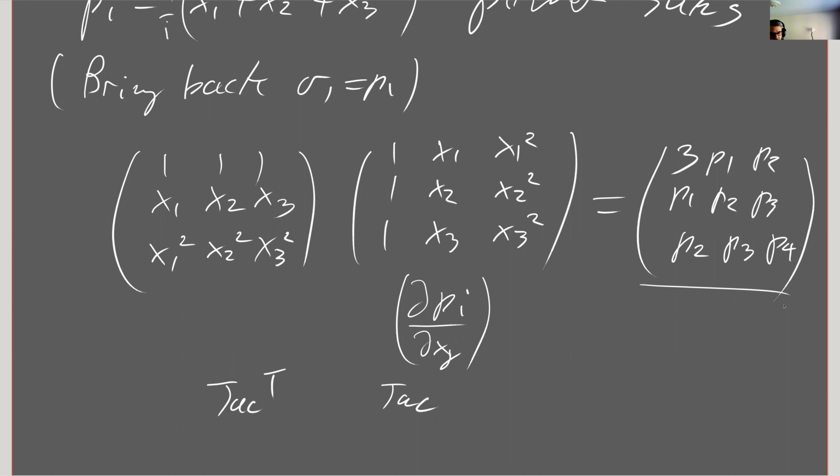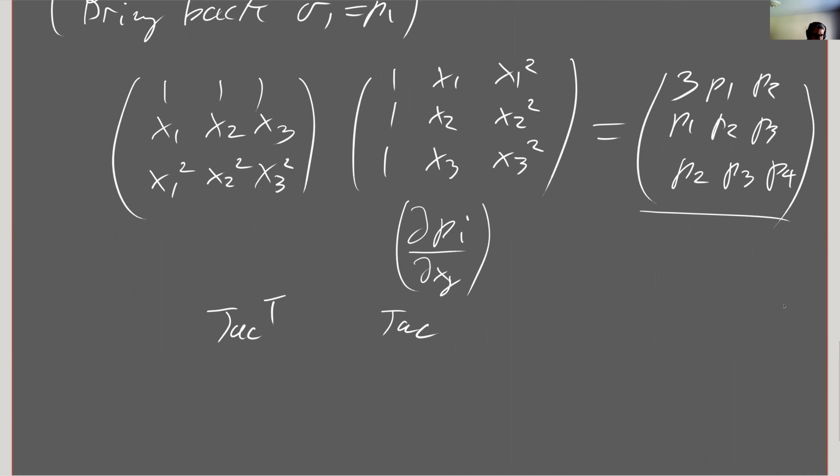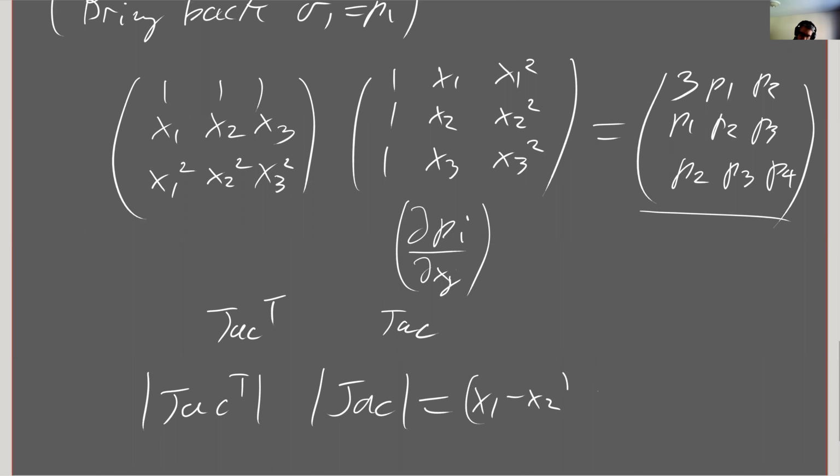We know the Jacobian of T is the Vandermonde matrix, and so the determinant of the Jacobian transpose is going to be the same as this. And we know the determinant of the Vandermonde matrix is (x1 minus x2)(x1 minus x3)(x2 minus x3).